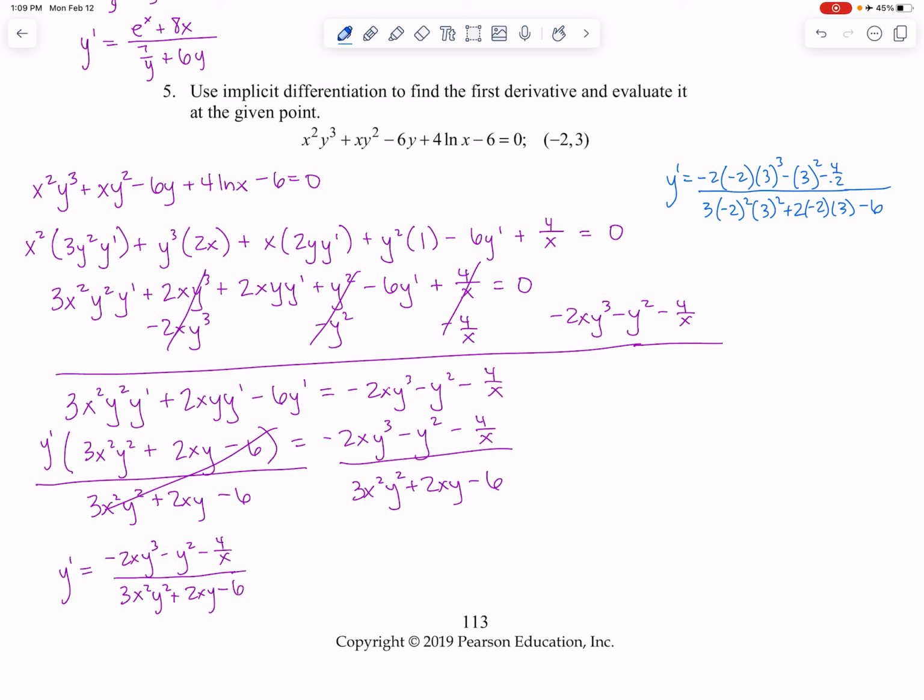And if we multiply and subtract all of these things, we should get 101 over 90.